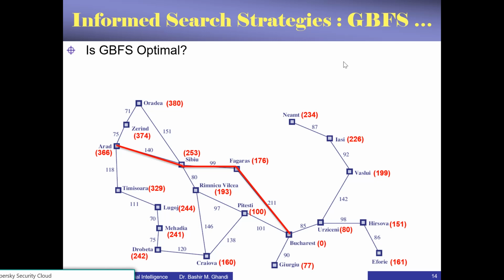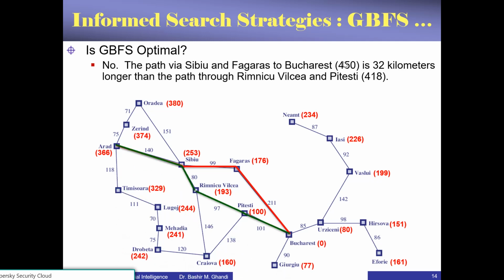It turns out actually there is a better solution. If we had gone through Rimnicu Vilcea, it would have cost 32 kilometers less, because following the other path which the algorithm gave us actually costs 450.